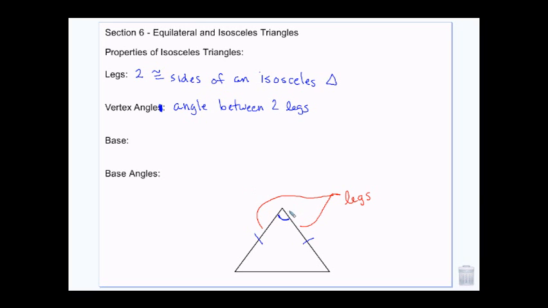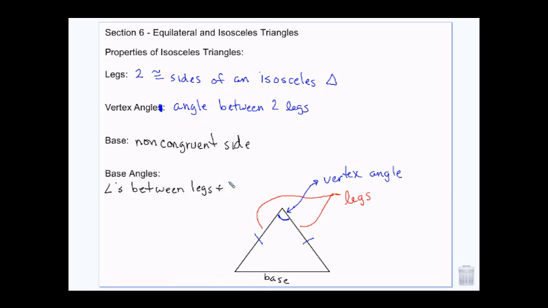So here. The base is the non-congruent side. So this right here is my base. And the base angles are the angles between the legs and the base. So here and here.